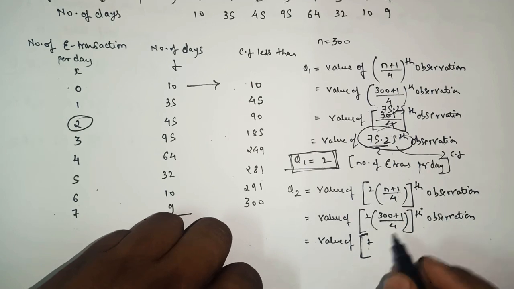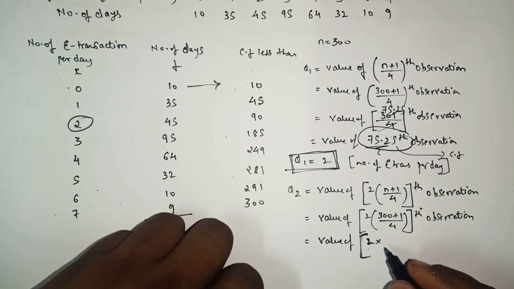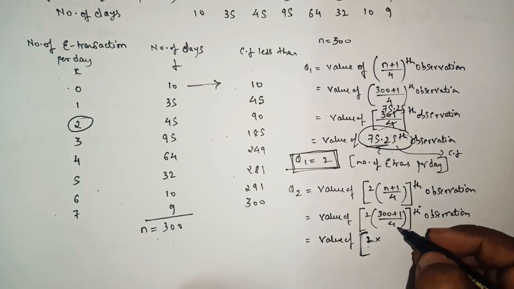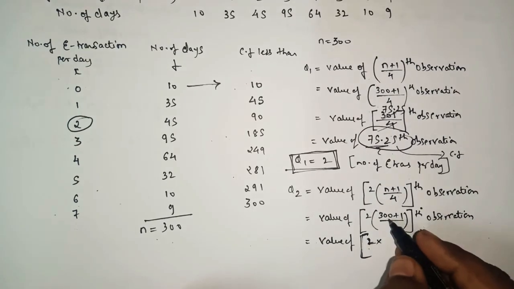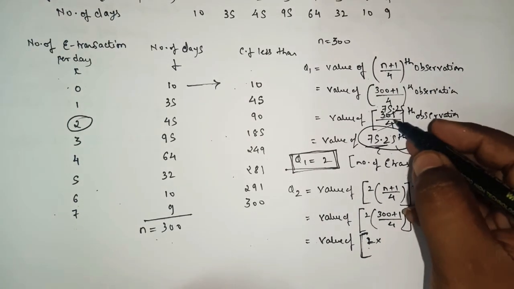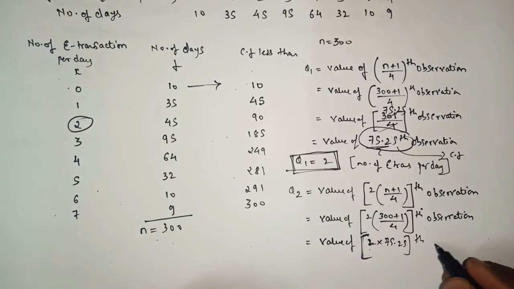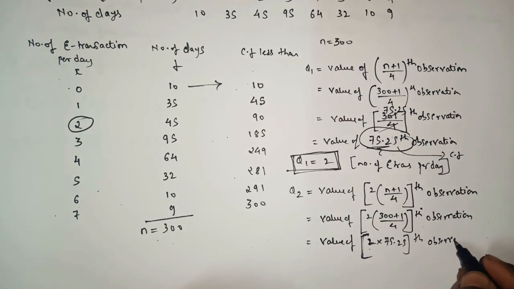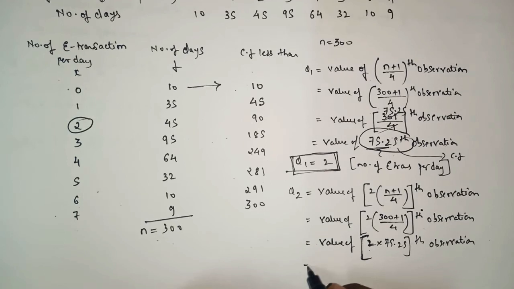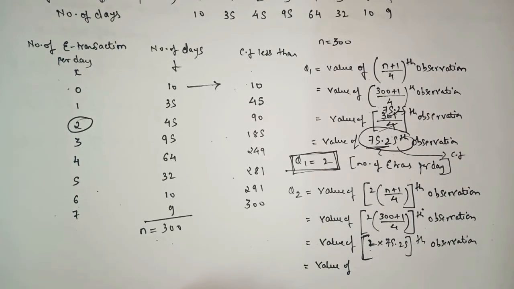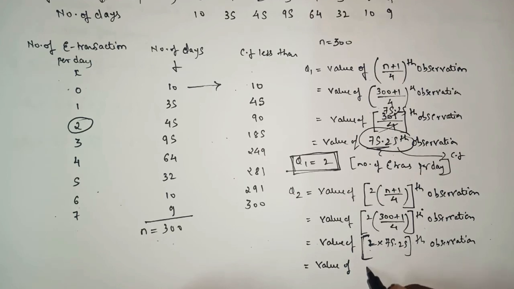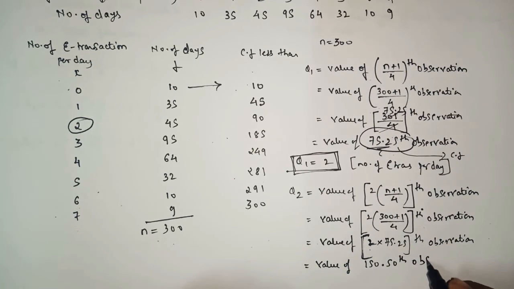So here, just now we saw for this part, 300 plus 1 upon 4, the answer we got here is 75.25. Yes or no? Write it down directly. So therefore the value of 2 into 75.25 will be 150.50. Yes or no?